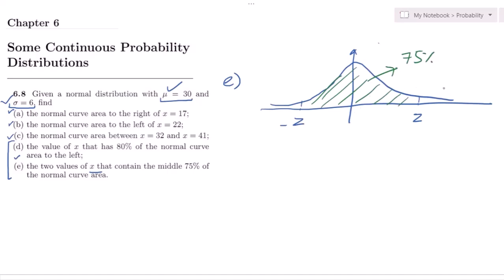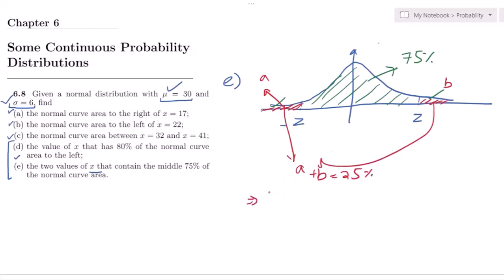This area is 75%, means the overall area here was basically what? This was the remaining 25%, means this plus this one. Let me call this one a, this one b. So this a plus this b, this is the remaining 25%.